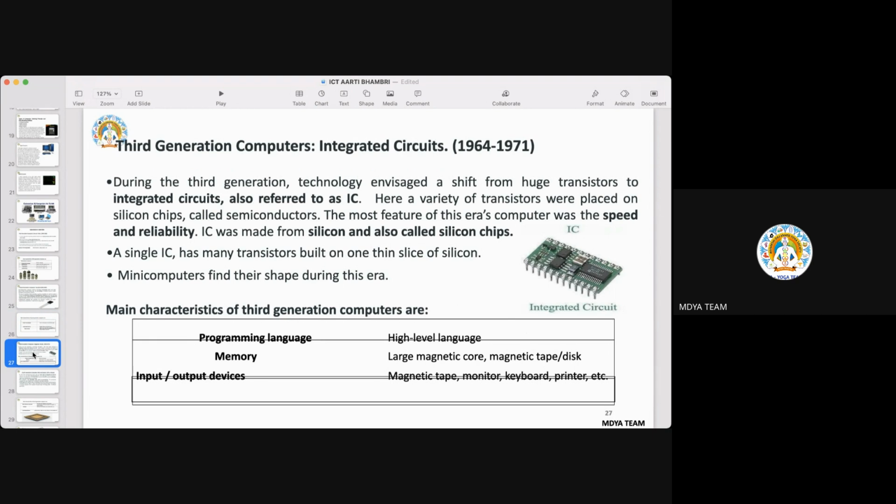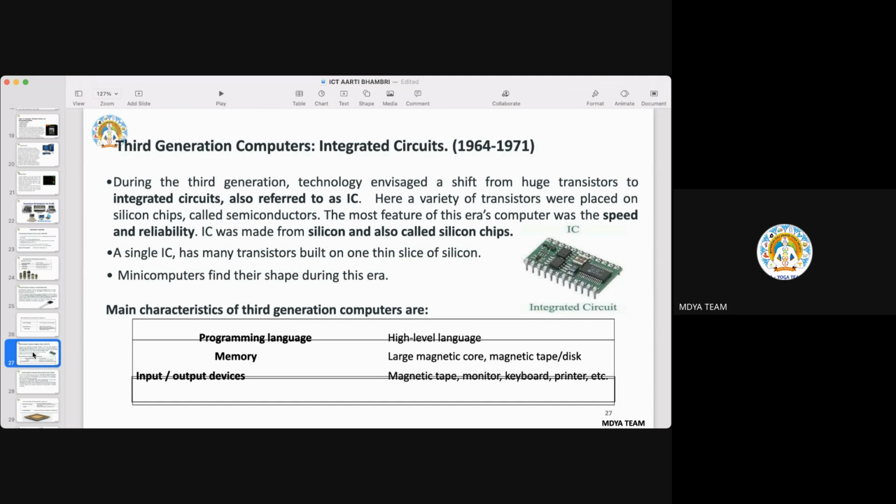During this generation, there is a shift from transistors to integrated circuits. The size of the transistor again reduced to a much smaller size, and many transistors can be in a single chip.